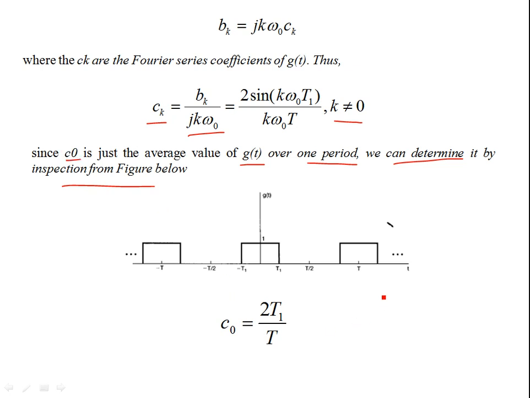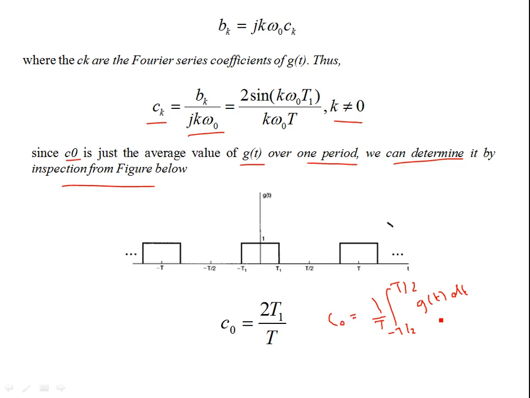Well, that's quite straightforward. If you look at g(t), you can take one period from minus T/2 to plus T/2, and since you're taking the average, this is the integral of g(t) dt. The average occurs over one period, that is 1 over T. That's the average of the signal g(t), and this also happens to be the coefficient c naught.